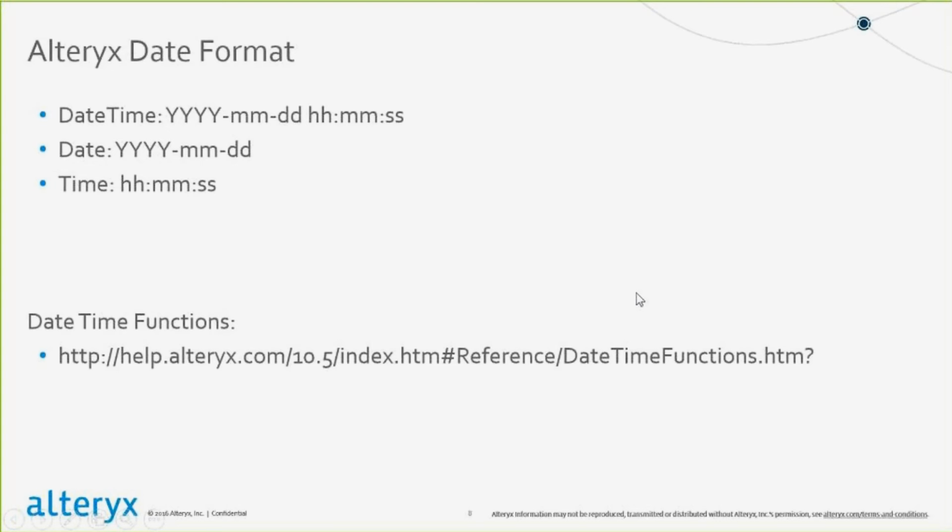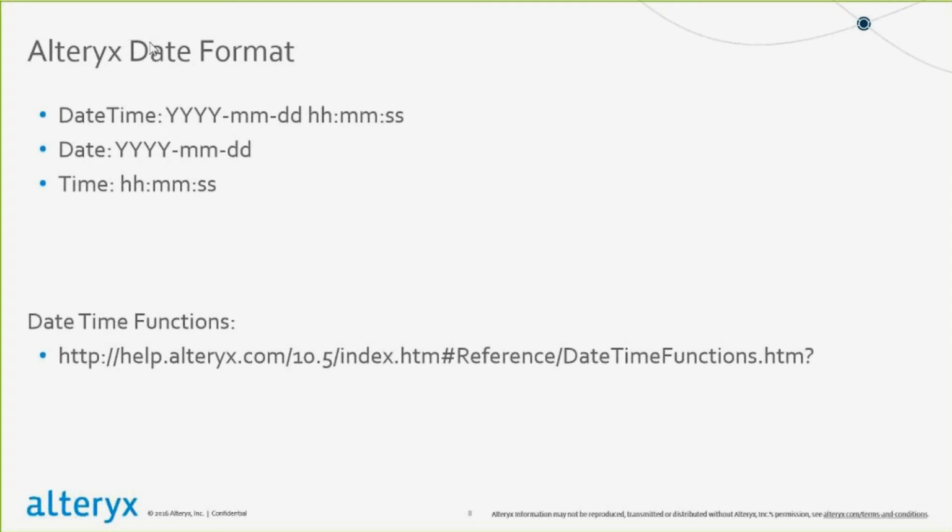Now, it's important to know before I begin any task within Alteryx what a date format is. With the date format, what Alteryx is asking for is that the date be formatted in a certain way. The reason we'd format it that way is so that we can do some sort of calculation on it.